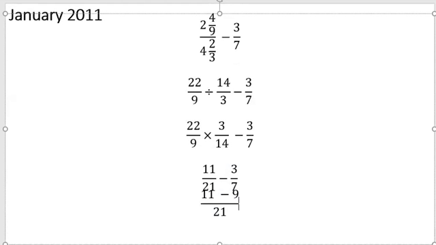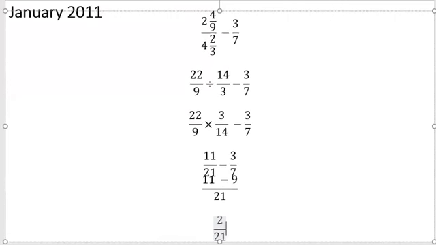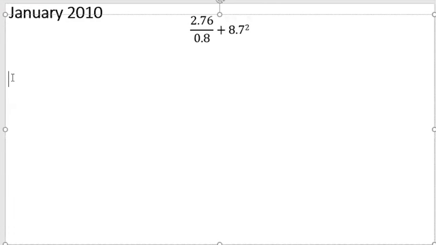So now we have 11 minus 9, and that will give us 2 upon 21, and that is our answer for January 2011.